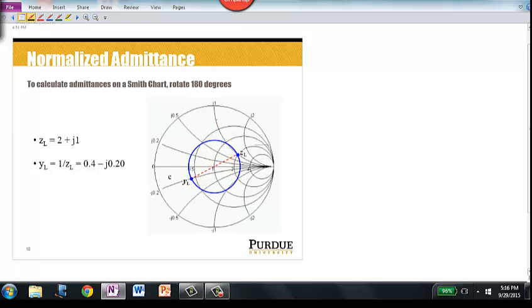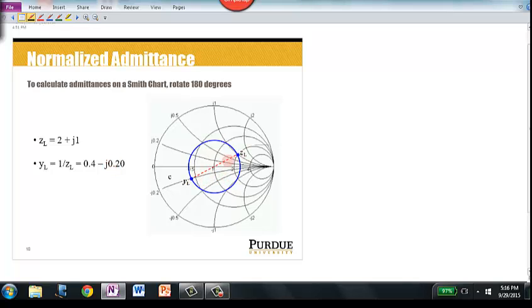So to calculate admittances on a Smith chart, what you're actually doing is rotating 180 degrees on the operating circle. I've got a little example here. We've got a load impedance that is 2 plus J1, so you can see I've plotted 2 plus J1 right here. If I were to do the calculation of admittance, I would just divide 1 by 2 plus J1. You can throw that in your calculator and verify that it's 0.4 minus J0.2.